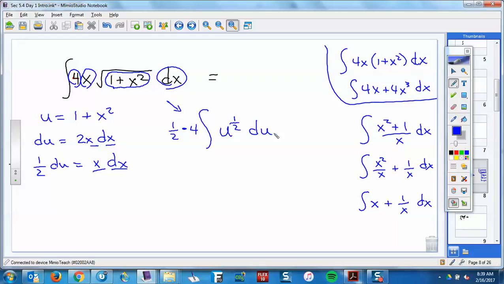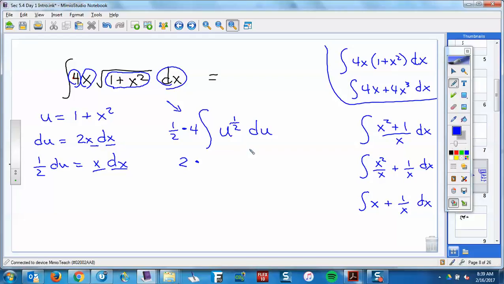So you can see how you deal with the 2 and the 4, but it's the x's and the dx's that we have to take care of. We have to get them out of it. So sure enough, I end up with a 2 sitting out here. Now what is this saying? This is saying do the antiderivative with respect to u, which is what I want.